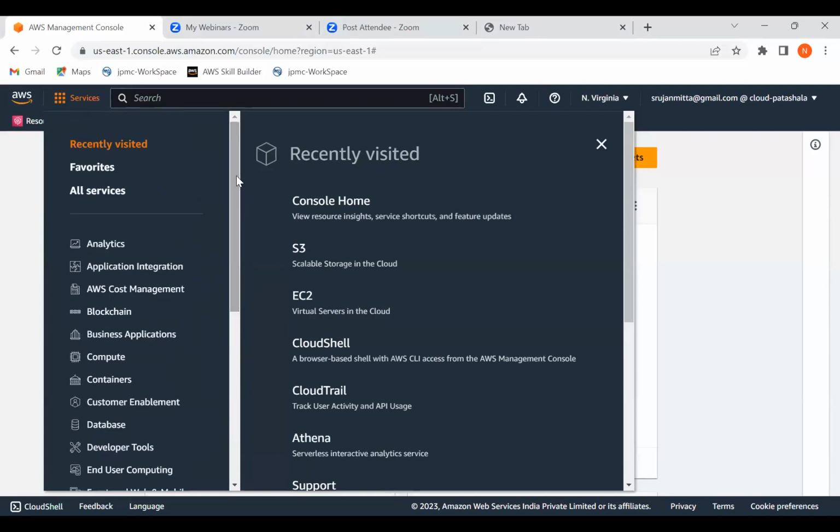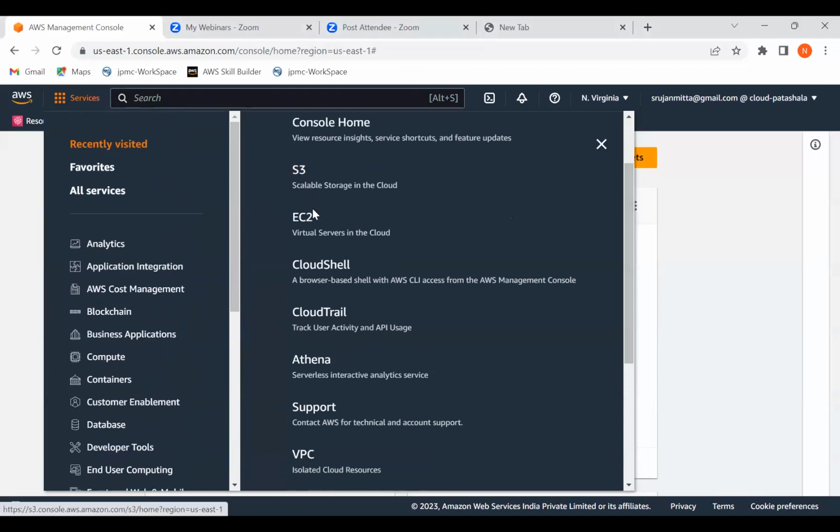So we are focusing basically on, yeah, sorry. What services can we use in AWS for our classes? For our classes, we are totally focusing on these services: S3 bucket, EC2, and some part of CloudTrail.